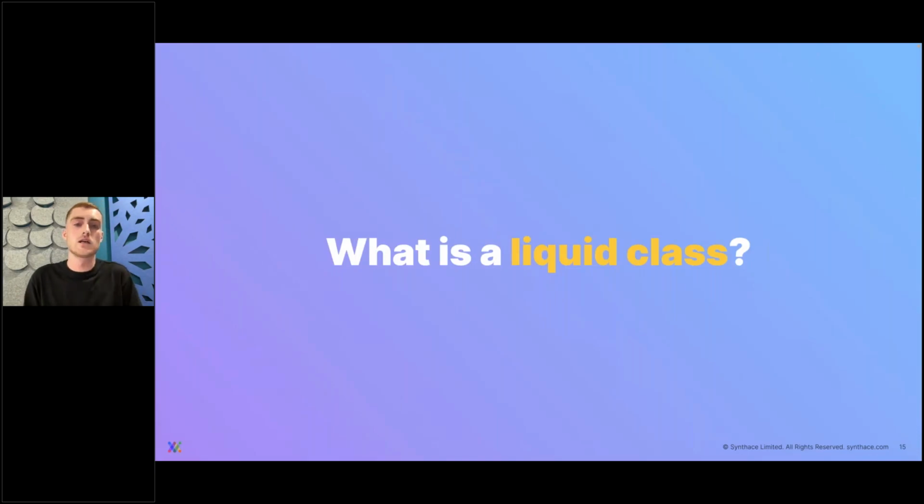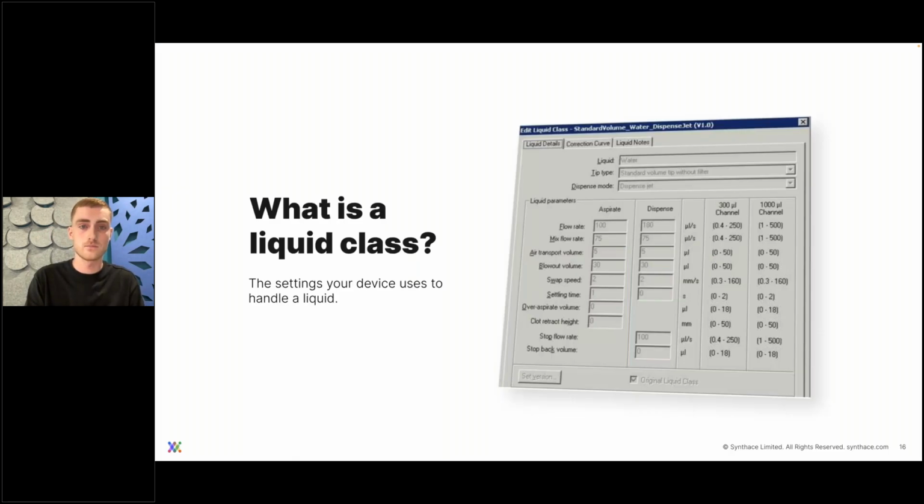So what's a liquid class? If you're familiar with automation, you'll know that robots can adapt the way they handle specific liquids, and they do this in the form of a liquid class. I mentioned when we use automation, we have to provide that liquid handling information to our robot. The funny way I always explain this: let's say you're baking and you ask someone to measure out a tablespoon of water. They probably do this just fine.